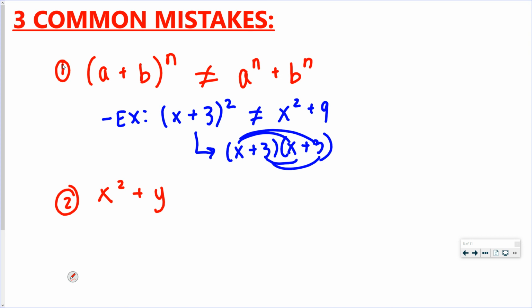There's one common mistake. Second common mistake, and again, you'll notice that these are all like sums. If you have something like this, you cannot just move the y down like that. That's not the same. I'll show you what you should do.